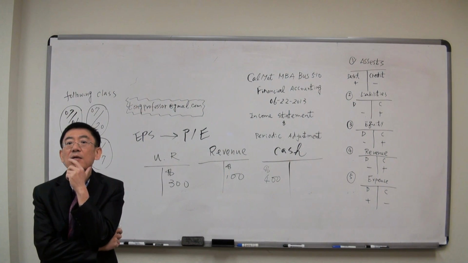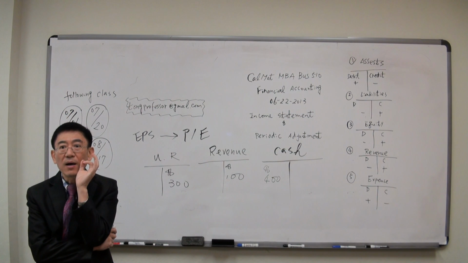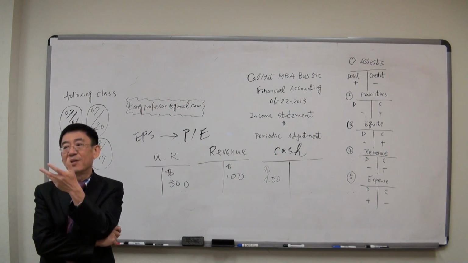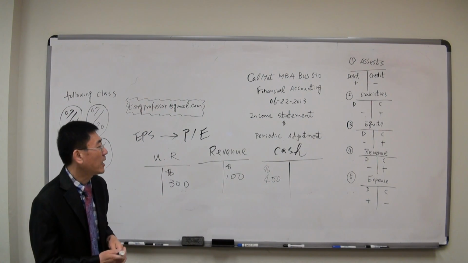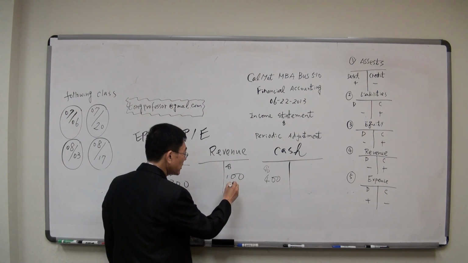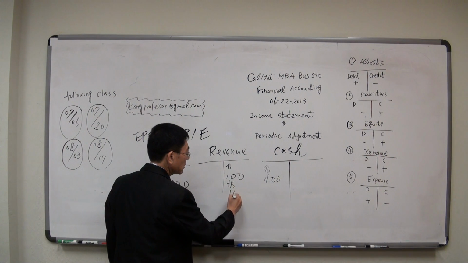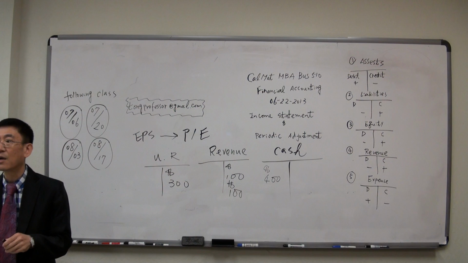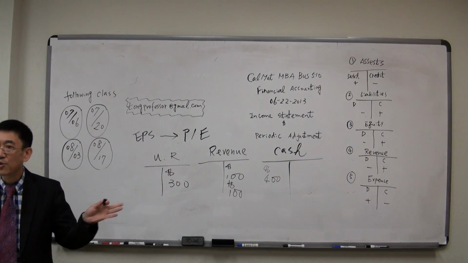Yes, very good. We move this amount from unearned to earned. Earned means revenue, so we increase revenue here. How about on the debit side, to match this 100?